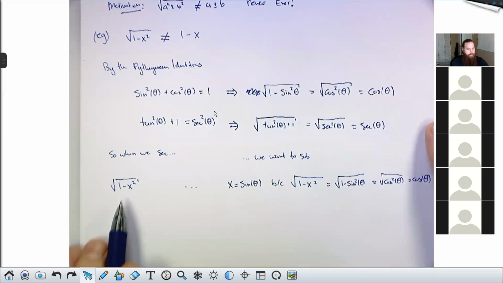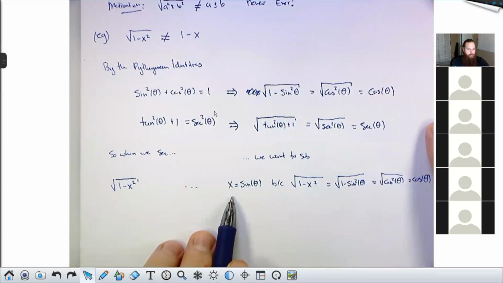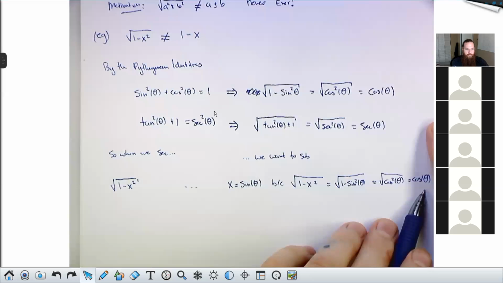In other words, if you have something like this floating around in your integral and you make this substitution, it will become really, really nice.